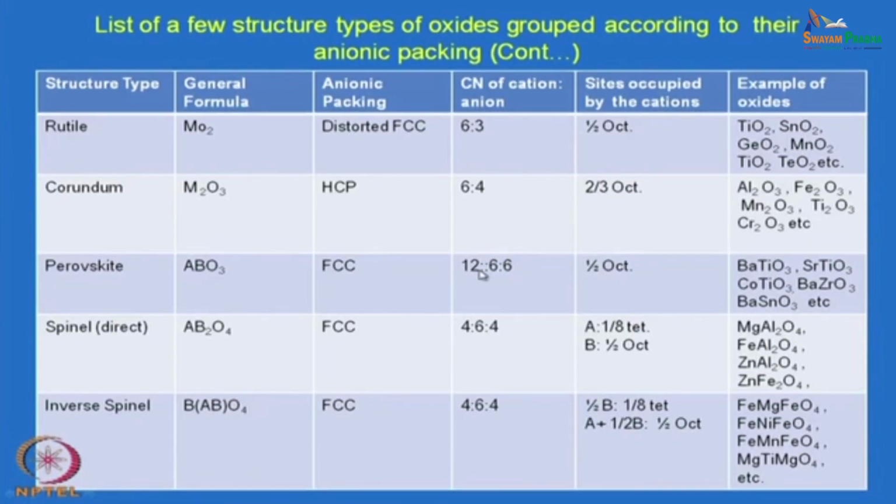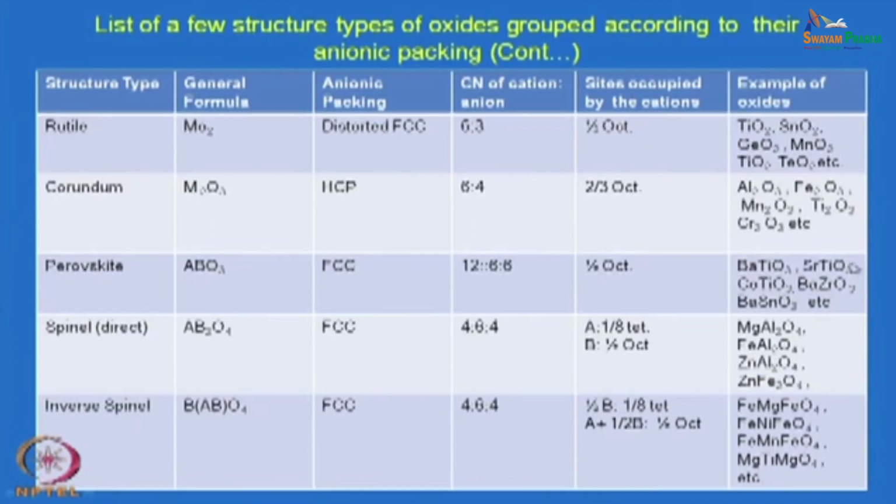So, the coordination numbers here are 12, 6 and 6. Okay. So, one of the cations has a 12-fold coordination, whereas the other has a 6-fold coordination, and the anion has a 6-fold coordination. Half the octahedral sites are occupied in this particular system. Okay.